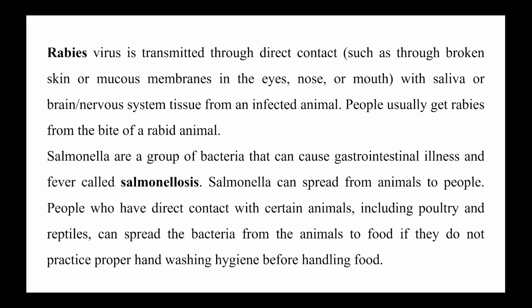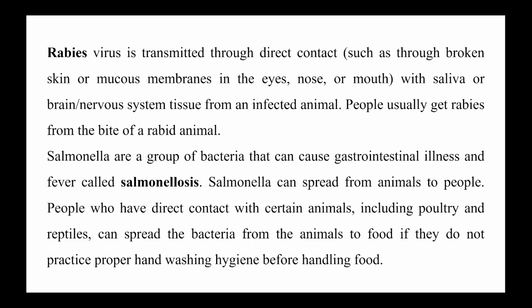If a rabid animal bites me on my head, the chances of my nervous system or my brain getting infected by the rabies virus are very, very high as compared to the case where my leg has been bitten.